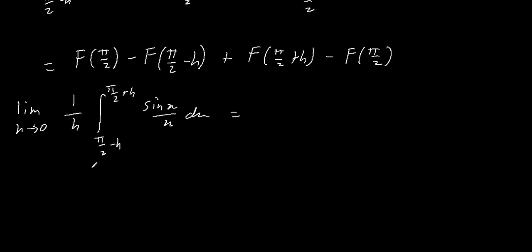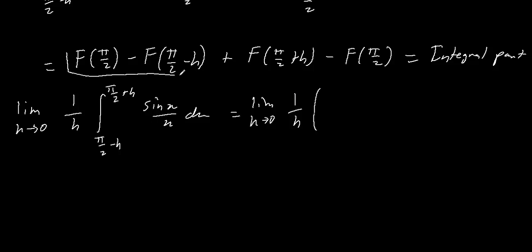I remember this integral part I evaluated to be this whole thing. What I'm going to do is put that on both sides in some sense. So I have the limit as h approaches 0, and this guy is equal to the integral part. That's the limit as h approaches 0 of 1 over h of all of this. That guy comes down here.